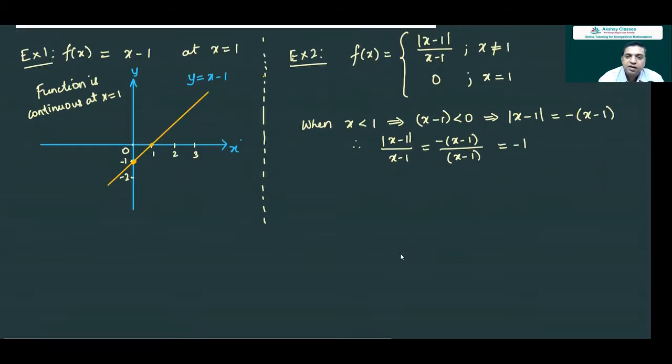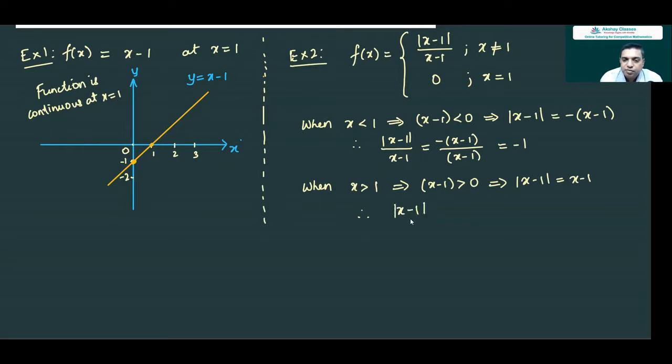All right. Now, when x is greater than 1, which implies x minus 1 is greater than 0, then modulus of x minus 1 is equal to x minus 1. Therefore, modulus of x minus 1 upon x minus 1 is equal to x minus 1 by x minus 1, which is equal to 1.